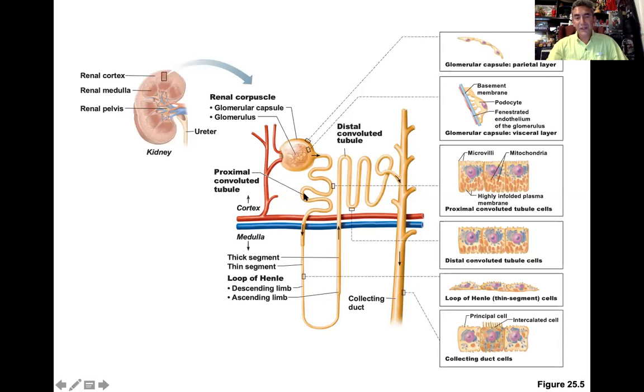So in the cortex, we have the glomerulus, glomerular capsule, Bowman's capsule, proximal convoluted tubule. The loop of Henle extends down into the medulla and then back up into the cortex, where we have the distal convoluted tubule, and then our collecting duct. All of these little cut areas represent different distal convoluted tubules that are feeding into this collecting duct there.